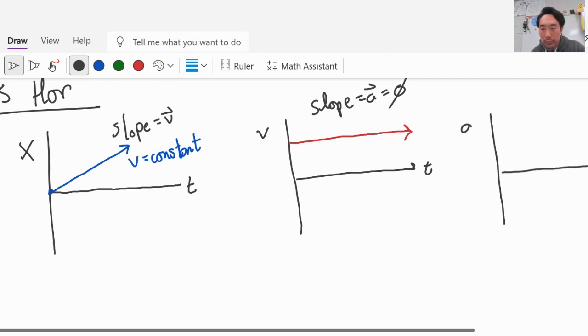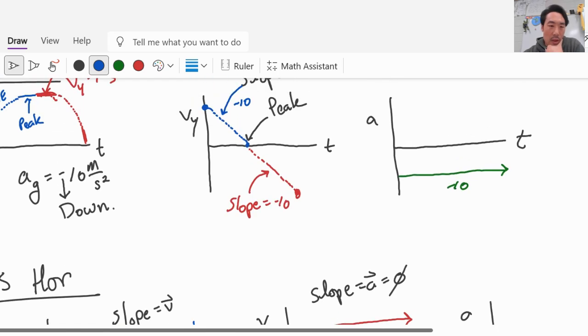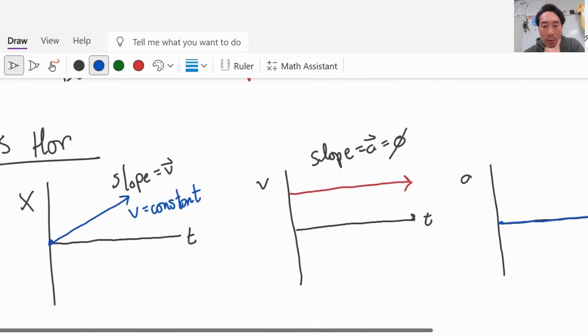So acceleration time graph, our acceleration is 0, and therefore it should be just along this axis here. So what we're seeing here are two very distinct graphs. The top one will be for the vertical motion, okay, where there is acceleration, and the bottom one is for the horizontal motion, where there is not any acceleration.